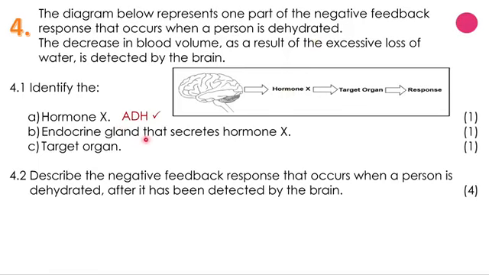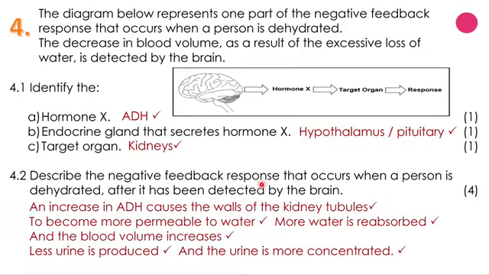The gland that secretes this hormone is the hypophysis, or you could also have mentioned the pituitary, and my target organ would be the kidneys. Whenever they ask me to describe this negative feedback, you just refer to your notes; it would be a long question explaining how the water is reabsorbed and which hormone will be released more.